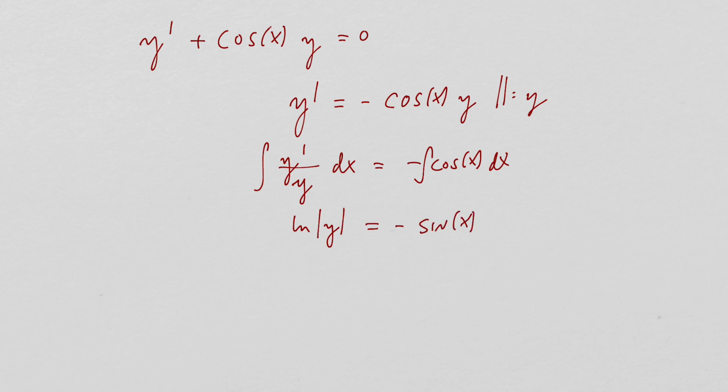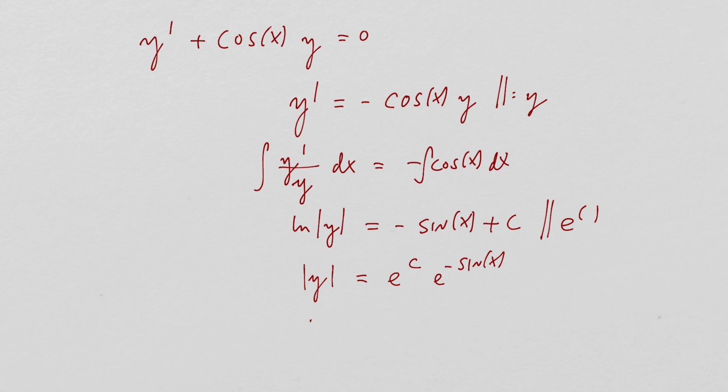The integral of cosine is sine, and perhaps some constant. Taking the exponential in both sides, we get that absolute value of y is e to power c times e to power minus sine of x.